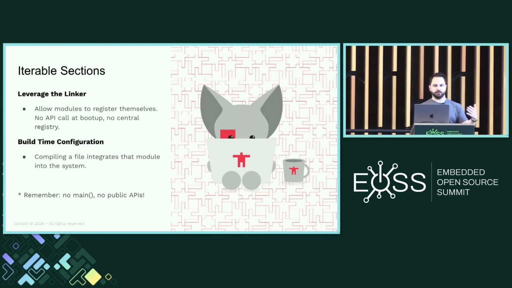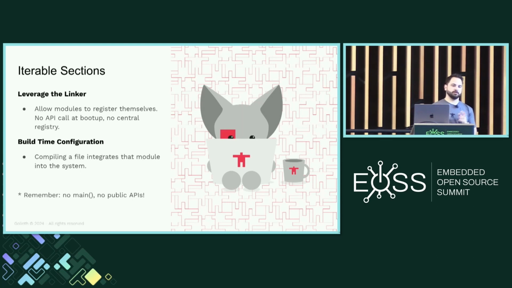They can place themselves into global arrays without there having to be any kind of central registry in your source code. Just by compiling it, the linker ensures that it's placed there. So Zephyr uses this for registering channels for ZBus, for registering the listener events, and for thread creation.